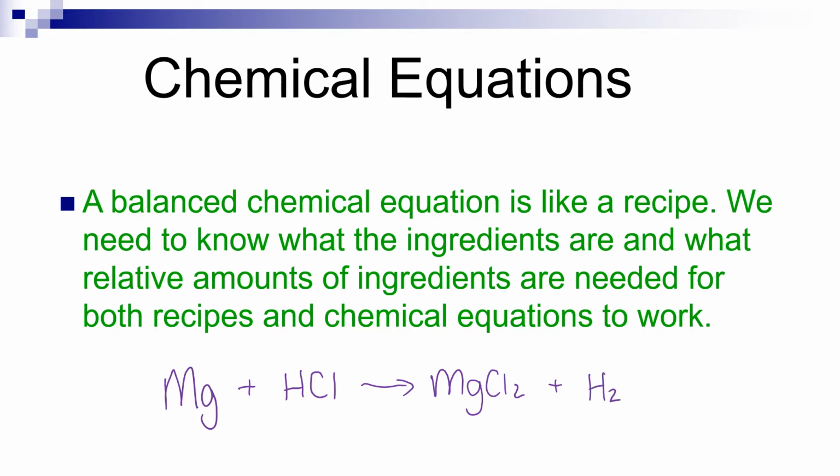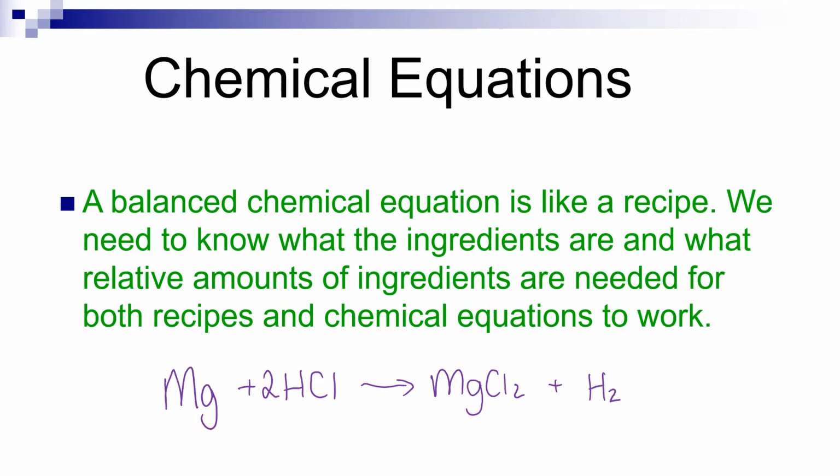If we balance this chemical equation, we now know exactly what ingredients we need and how much of each of those ingredients we need for that chemical equation to work.